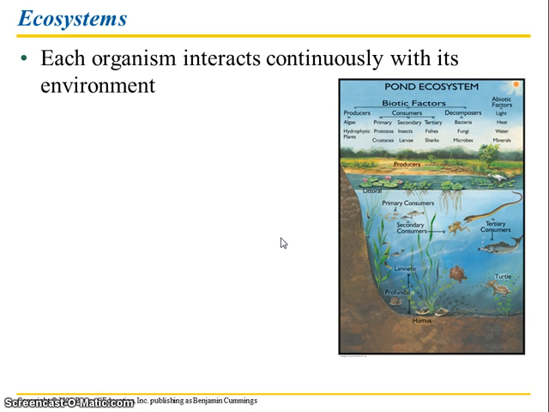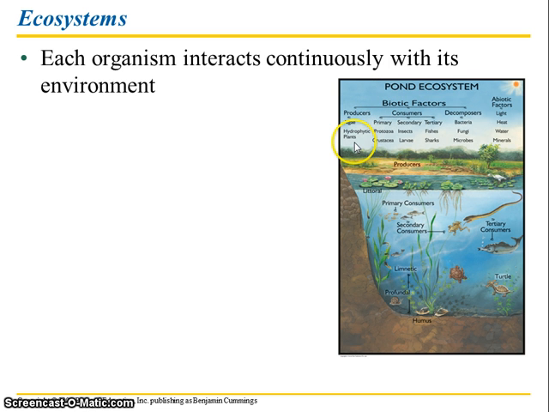Next, let's look at ecosystems. Ecosystems are the organisms and their environment and the interactions between them. So you've got abiotic and biotic factors. Biotic factors are the living pieces, and abiotic are non-living, like the nutrients, the amount of water, the temperature, for example.